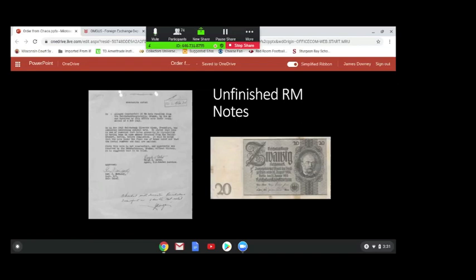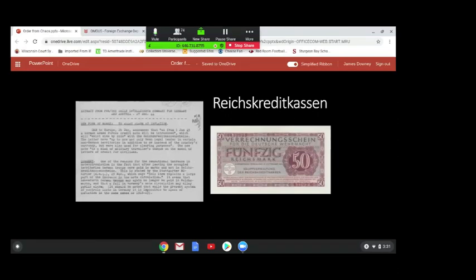Then there's the military notes. The Reichskreditkassen, the government credit office, was the issuing authority for the German occupation money that was used outside of Germany.